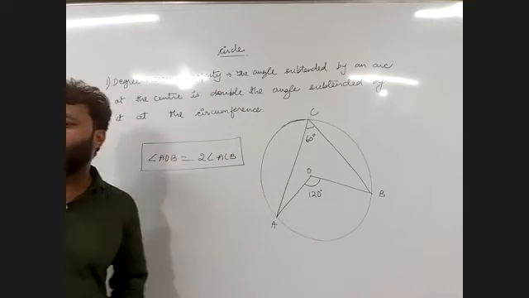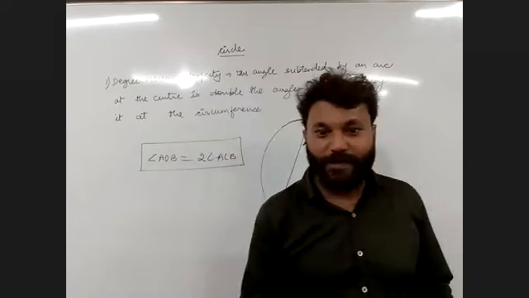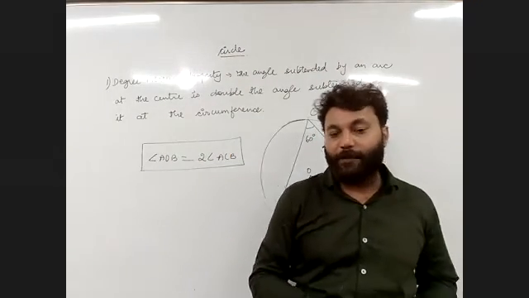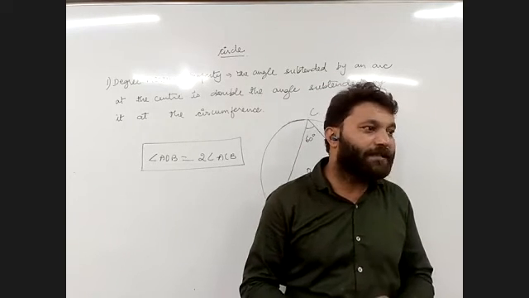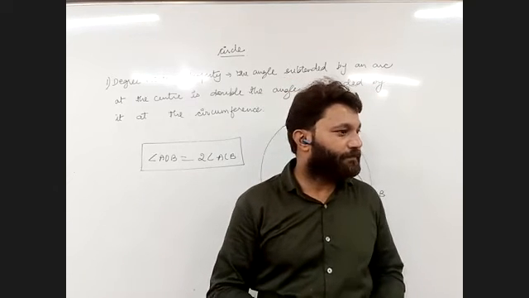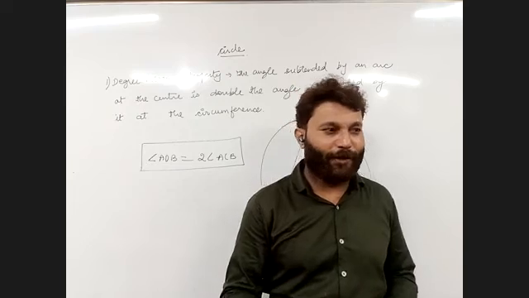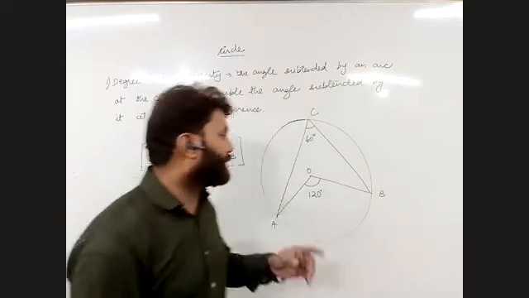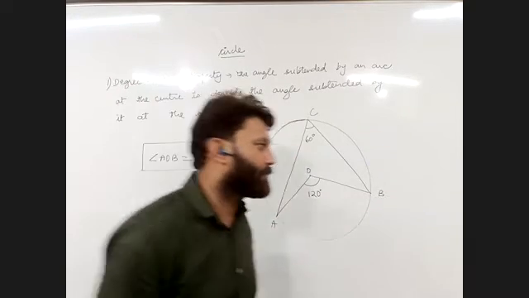The angle subtended by an arc at the center is double the angle subtended by it at the circumference. Say it once, you will feel good. Clear? Quickly note it down.